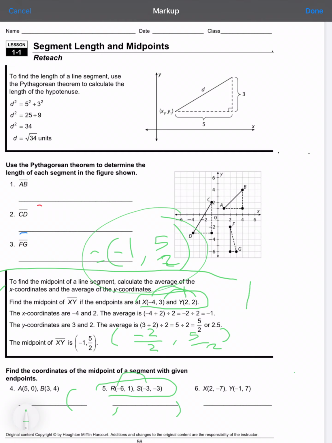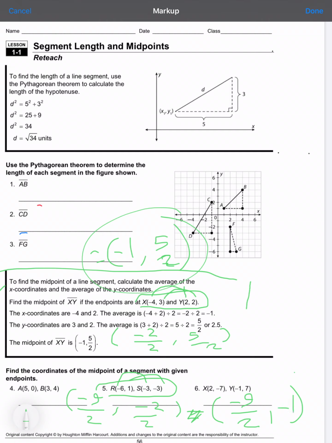So -6 plus -3 equals -9 over 2, and for the y's, 1 plus -3 equals -2 over 2, which equals -1. So the midpoint is -9 over 2 for the x coordinate, and the y coordinate is -1.